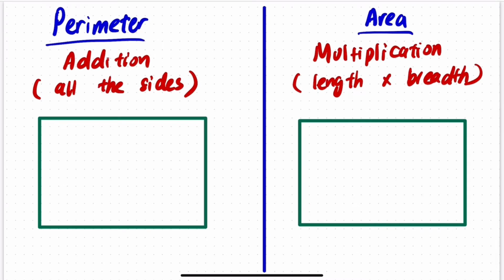Okay, so let's take a look at these two rectangles I have here. Let's say they are the same, and I think they look pretty much similar. I tried. Okay, so let's say you are told to find the perimeter of the figure. Before that, we need to know the measurements of the figure. So let's say the length of this rectangle is 20 centimeters. They are both the same.